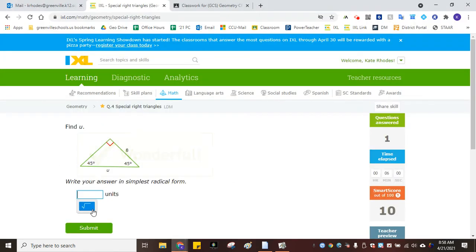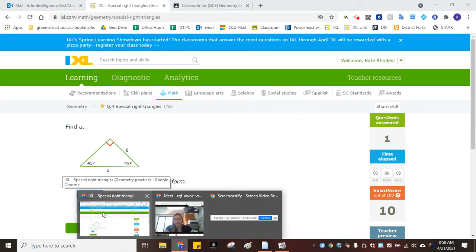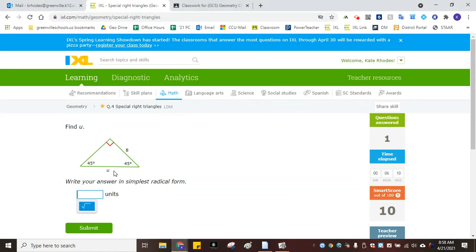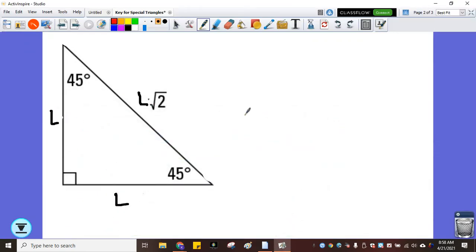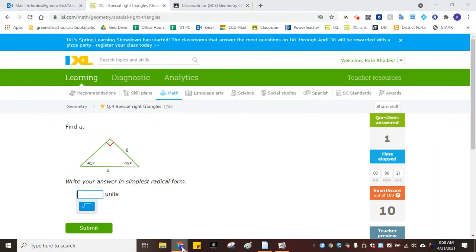They get harder. All right, 45, 45, 90. Our hypotenuse is what we're looking for. We're given one of our legs, and it doesn't matter which leg in a 45, 45, 90 because the legs are equal. So our leg was 8, and we're looking for the hypotenuse.